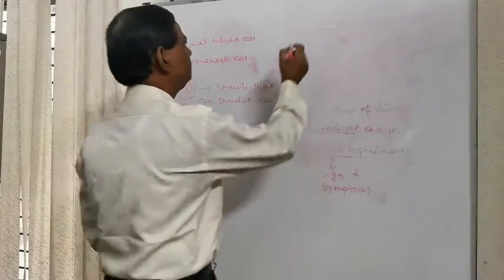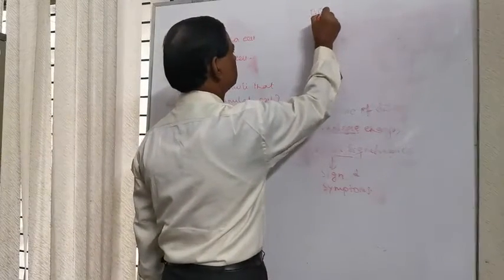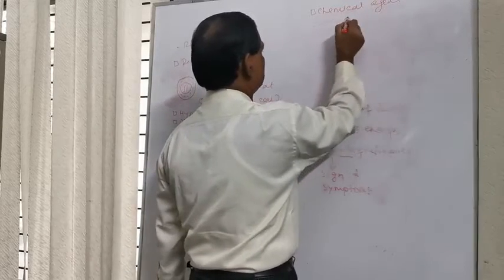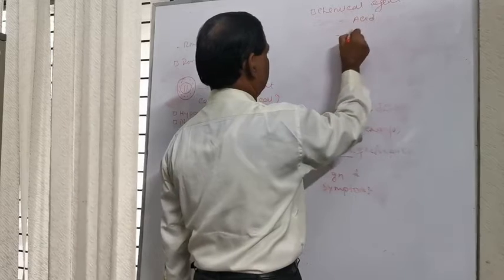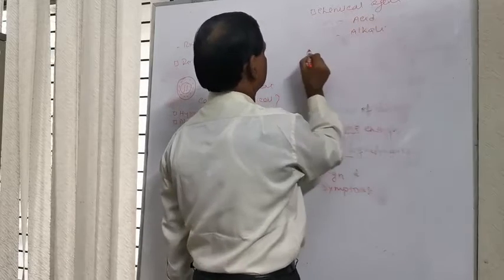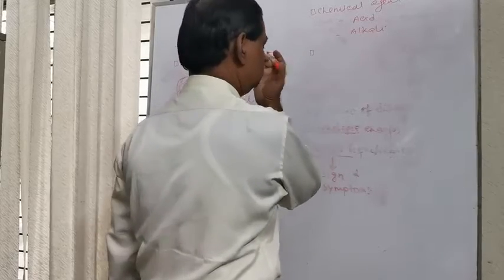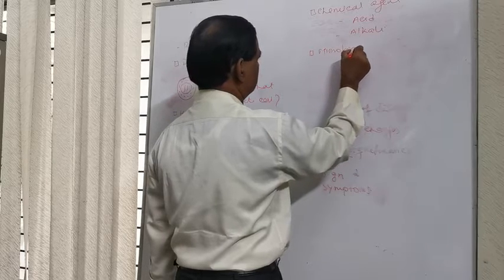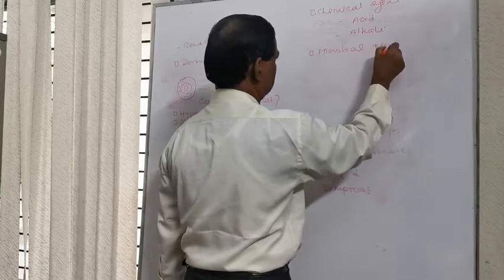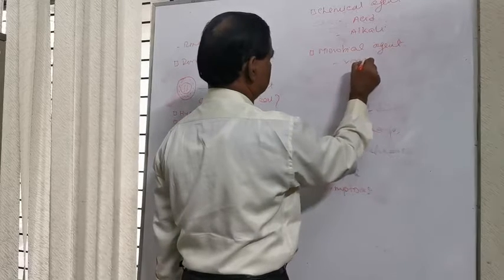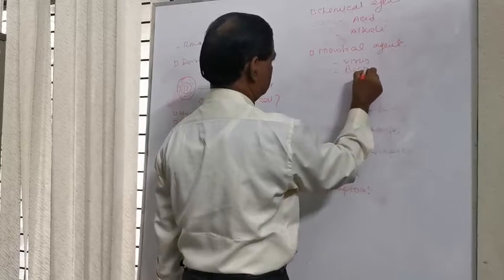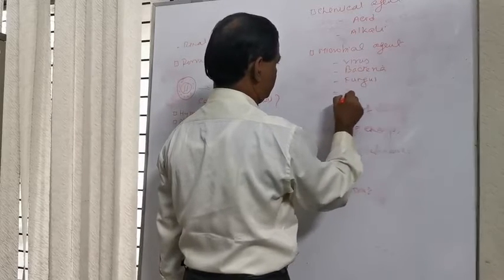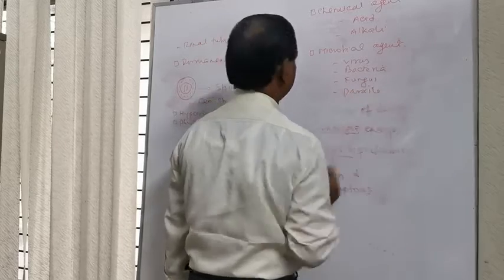Then chemical agents, which include acid, alkali. Then microbial agents, which include virus, bacteria, fungus, parasite, etc.